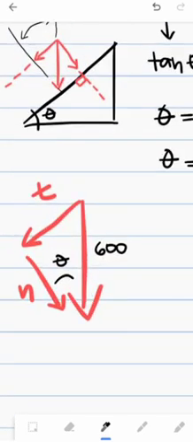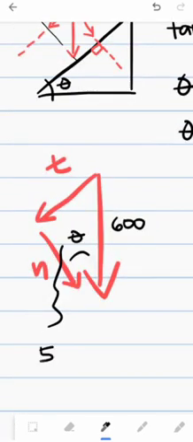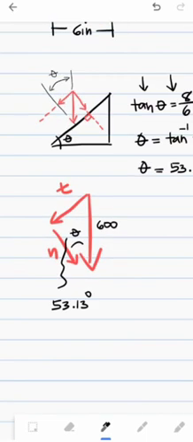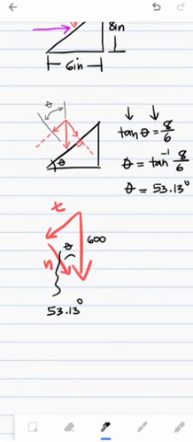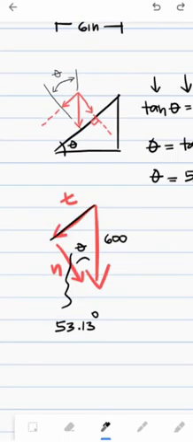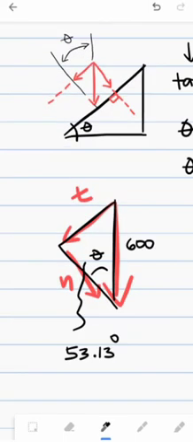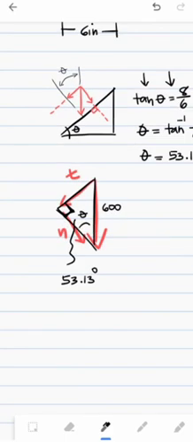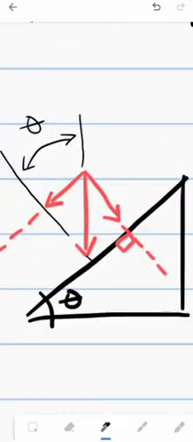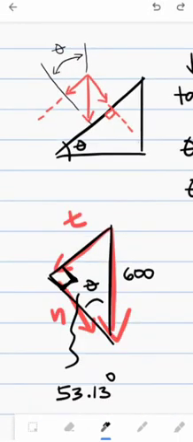So now that we know theta is 53.13 degrees, we can solve for the normal and tangential components by realizing that this again forms a right triangle. You can see the components of the 600-pound force are perpendicular to each other.